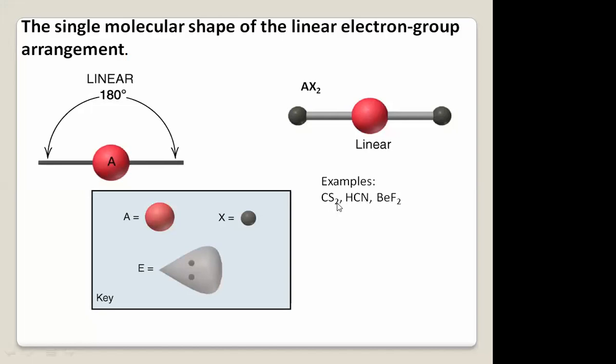Now, in each of these cases, you have sp hybridization, but you can have a distorted form that will also give you a linear molecule, which we are going to see in other slides.